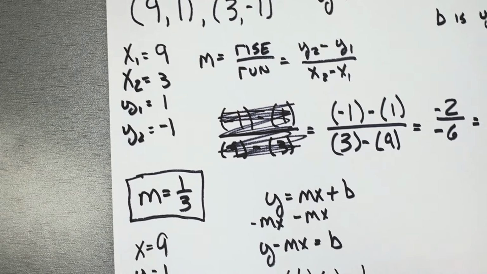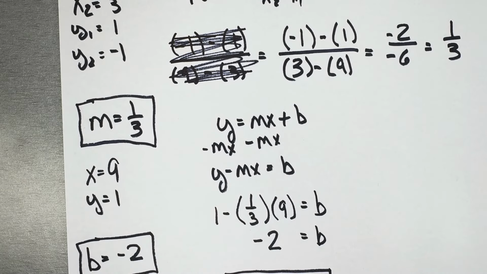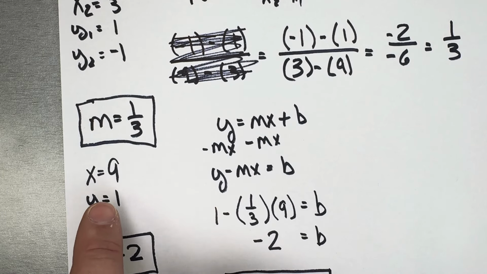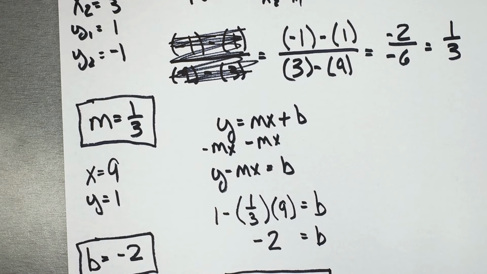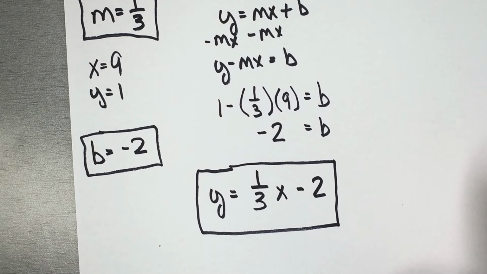Once I found slope, I rearranged y equals mx plus b to give me an equation for b. Then plugging in the slope that I found and the x and y values from either of the points allowed me to solve for b, and I found the equation is y is equal to 1/3 x minus 2. Thank you.